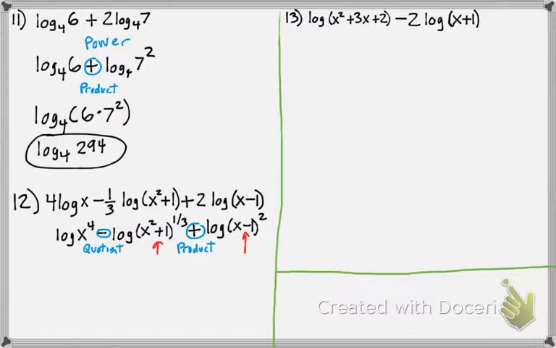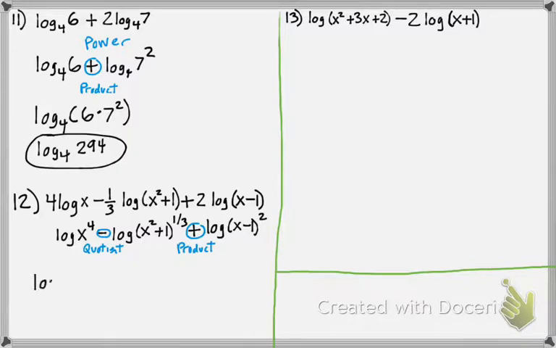So let me erase those, it's only the ones in between the logarithms that you can use in order to do the properties. So this is going to be kind of a big answer.